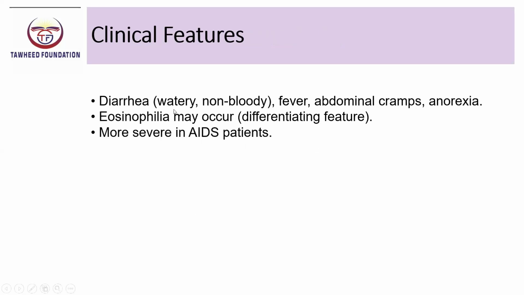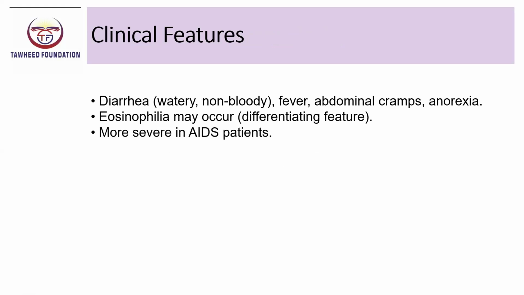Clinical features: the clinical manifestations are indistinguishable from those of cryptosporidiosis, although fever may be a more common finding. Eosinophilia may be present, contrasting with other enteric protozoan infections. The diagnosis is established by detecting the oval oocysts, around 22 to 33 μm long, using modified acid-fast staining of the stool.